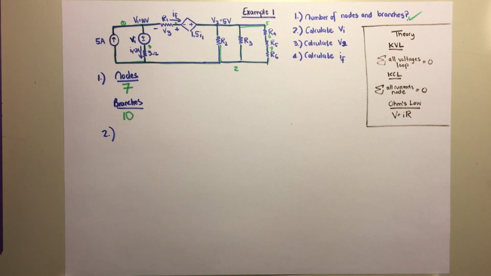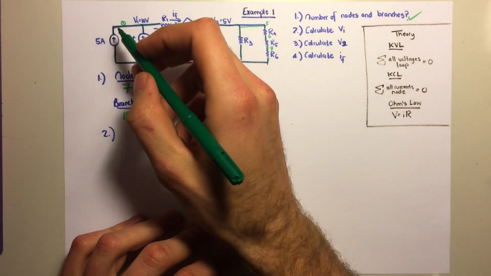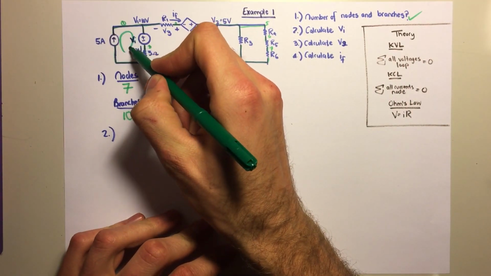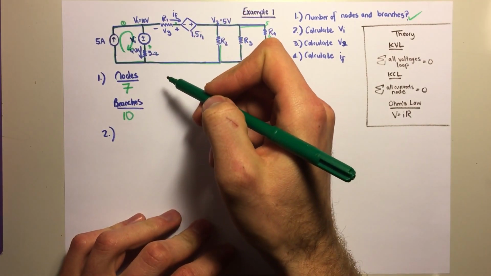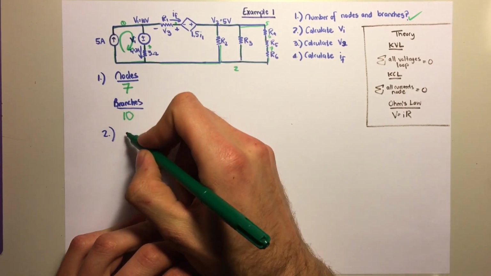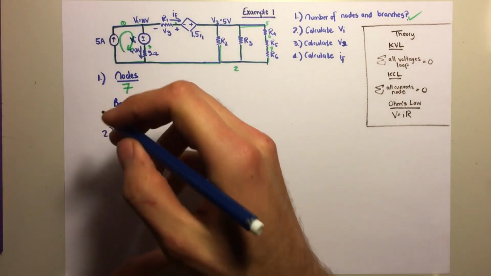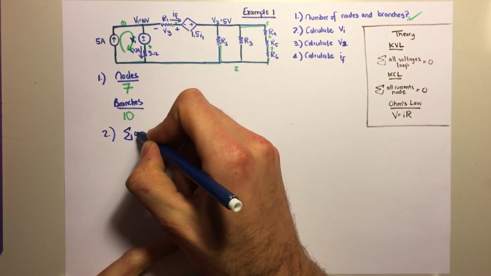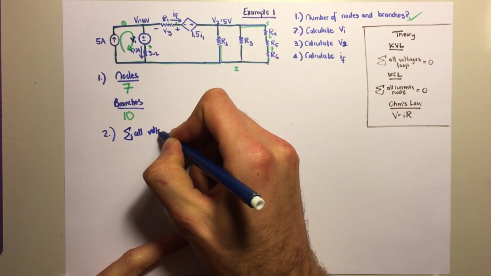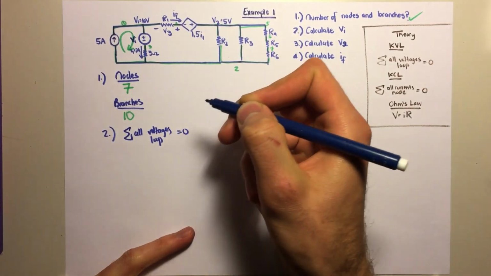The other way is KVL, to sum all the voltages within the loop. So what we do is we draw a loop like that. And we say, okay, well, the sum of all the voltages within the loop equals 0.